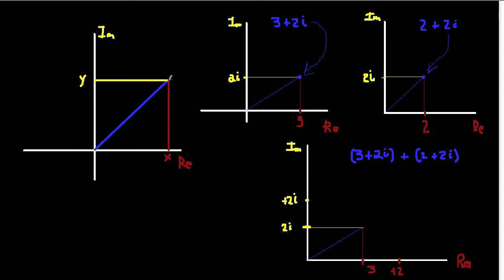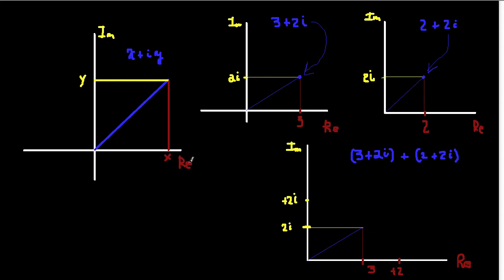If we have a complex number, let's say the number x plus iy, we use an orthogonal coordinate system. This is called a Cartesian coordinate system, where we have two perpendicular axes.